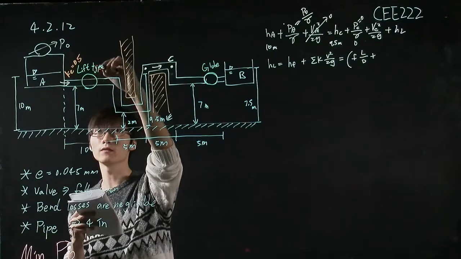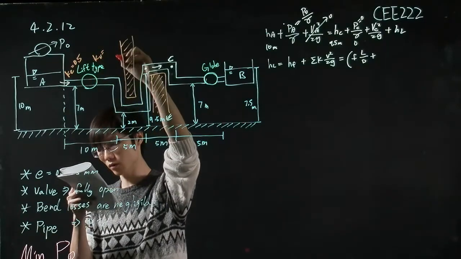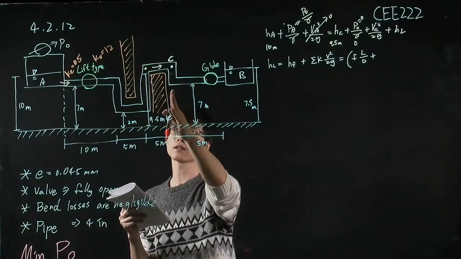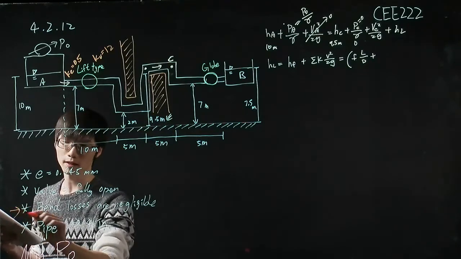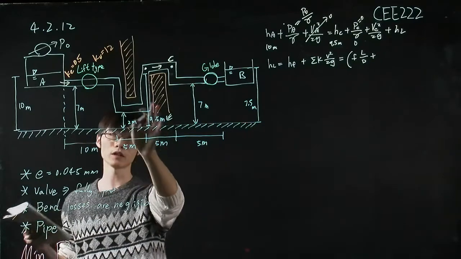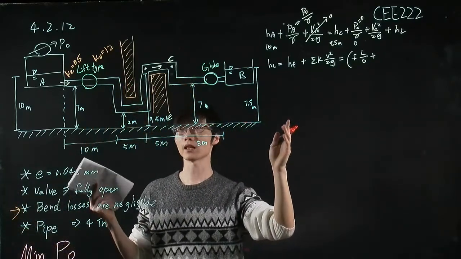And we have this valve, the lift type valve, that's KV equal to 12. And the question also tells us that we ignore the bend losses for this pipe, so all those bends don't have any head loss.